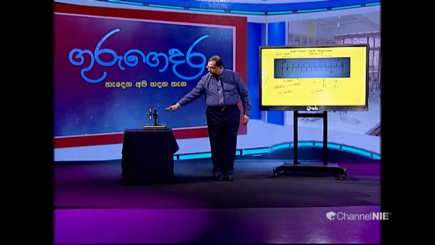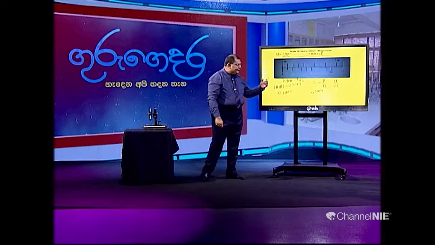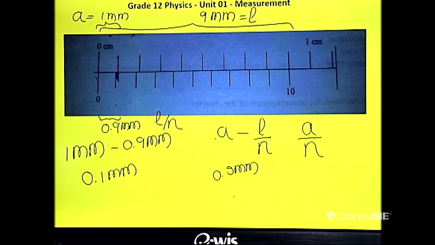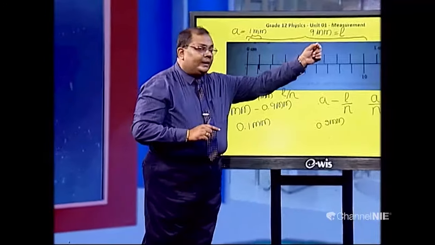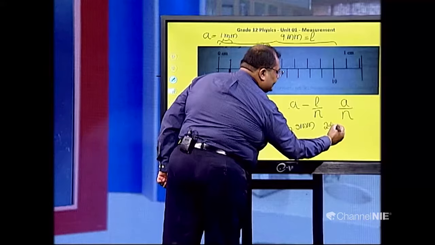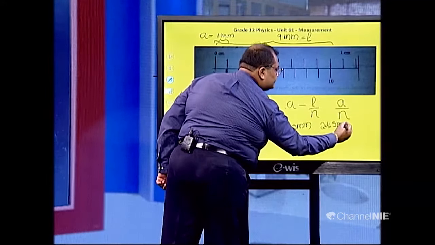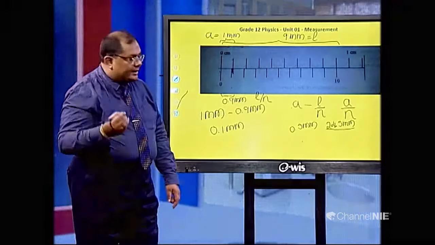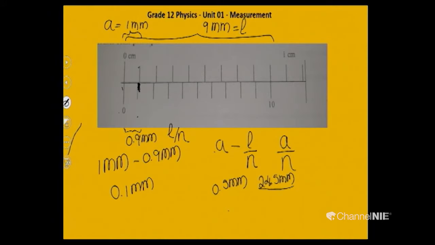And the length selected from the main scale is 24.5 millimeters, L, divided by number of divisions in the vernier. In this travelling microscope the vernier has 50 equal divisions. Then you can find the least count here, 0.01 millimeters.